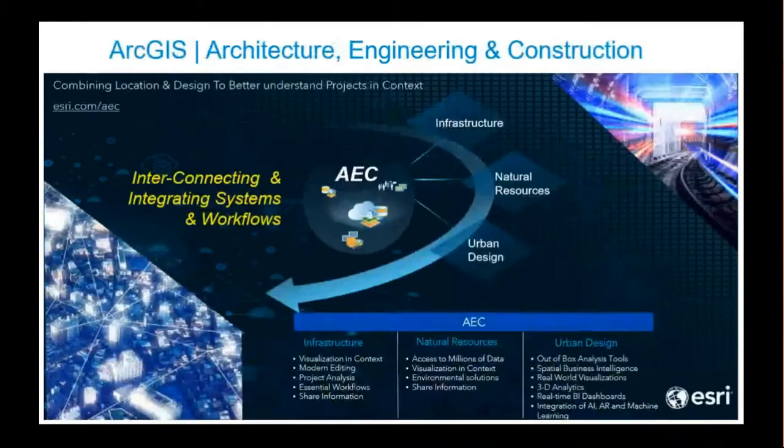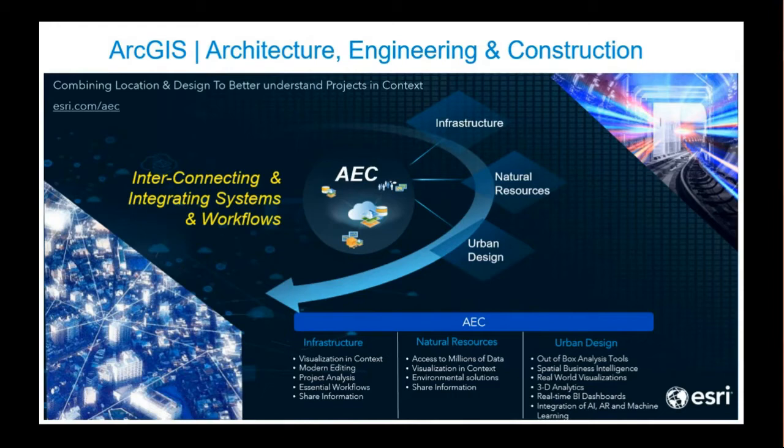So from that, we start combining location and design to better understand projects and context. So integrating workflows, infrastructure, natural resources, urban design. Collectively, we start looking at visualization, project analysis, how we're going to share that information and infrastructure.